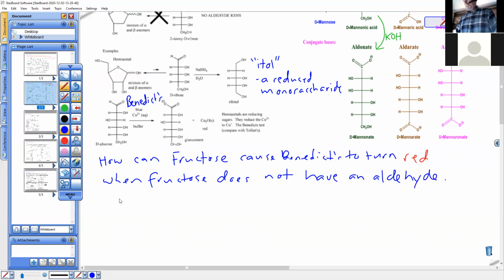We have fructose right here. Left, right, right. Stolen straight from page 1. And I'm going to circle everything down here.